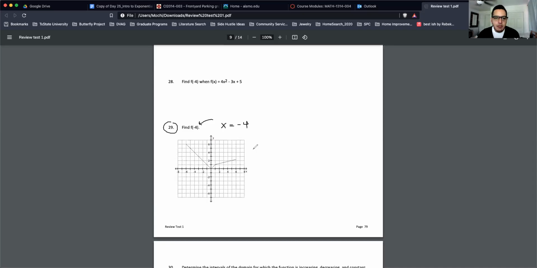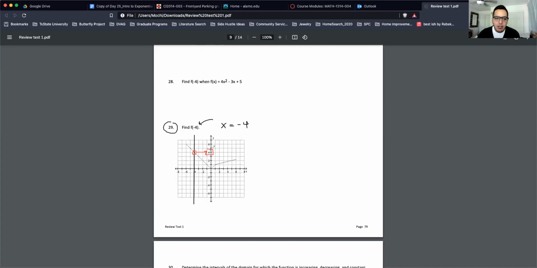Is that the thing where you just draw like a straight line up to where it hits the line? You're exactly right. So we're going to go to this x value on the x-axis, -4. And if we were to put a straight line through -4, we would see that we are hitting the graph right here, and we need to give the y value.